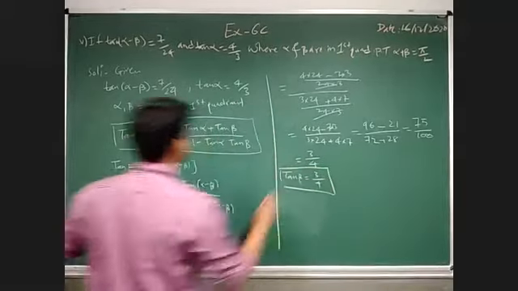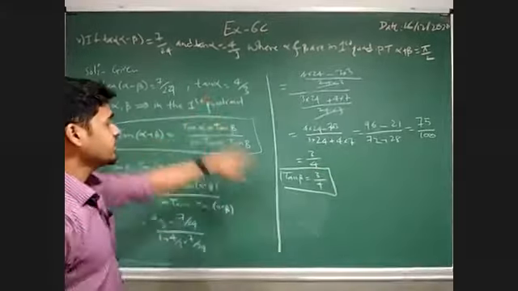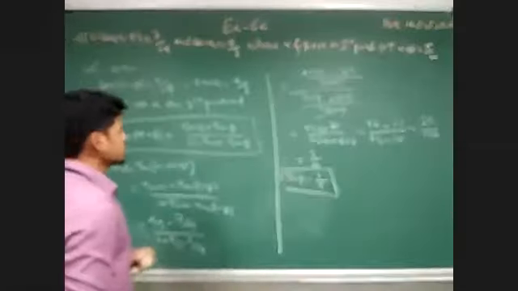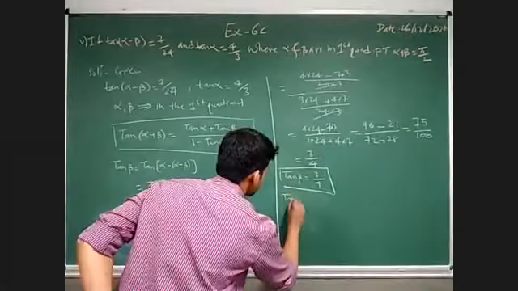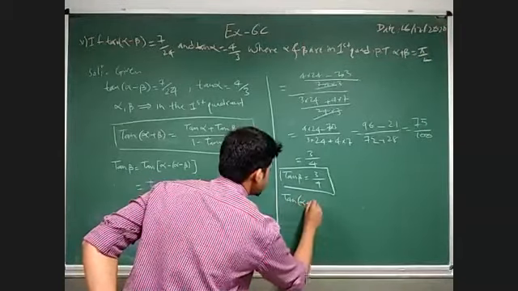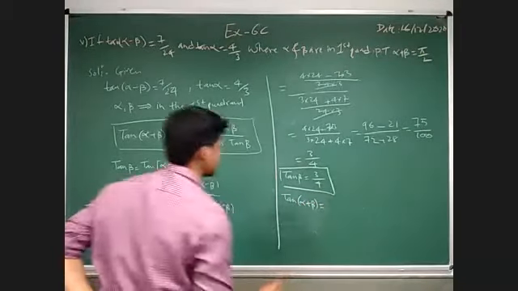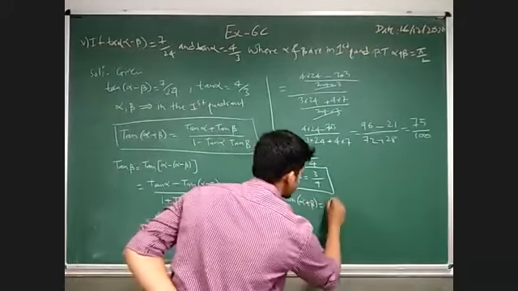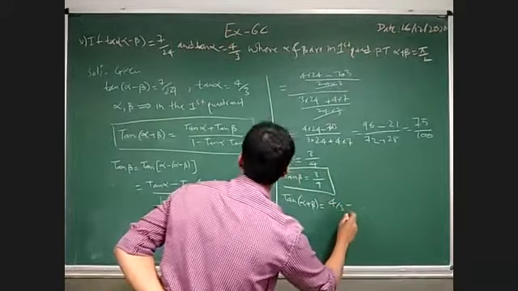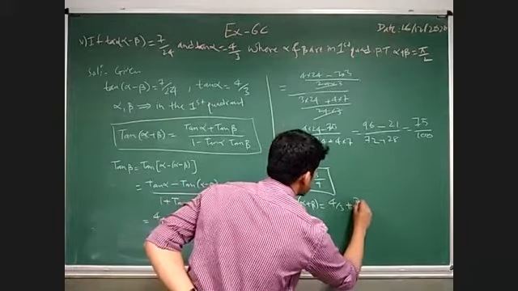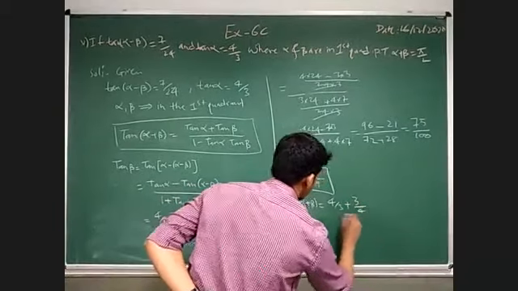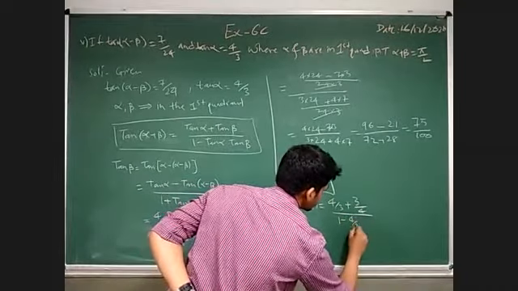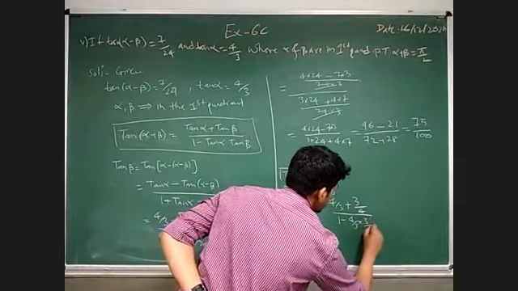Now I have tan alpha and here I have tan beta. Now just put the value here. In tan(alpha plus beta), if I am putting the value, tan alpha is nothing but 4 by 3, and tan beta is nothing but 3 by 4. Here 1 minus 4 by 3 into 3 by 4.